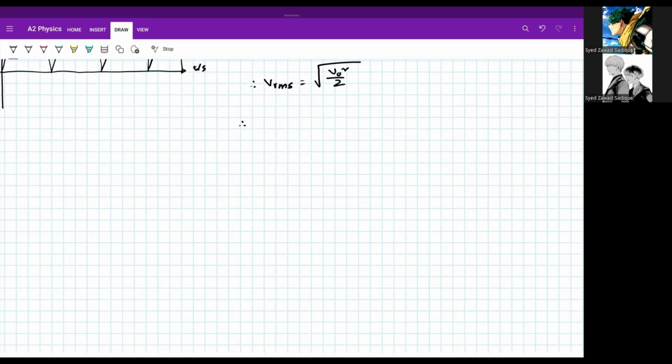Therefore, V RMS is equal to V naught by root 2. That is the formula that we'll be working with. Of course, unit is volts.